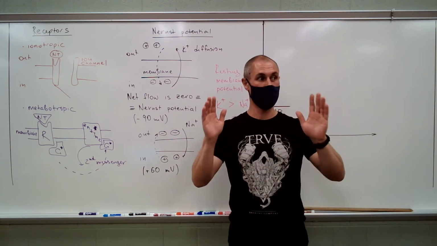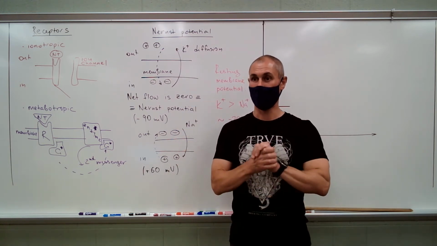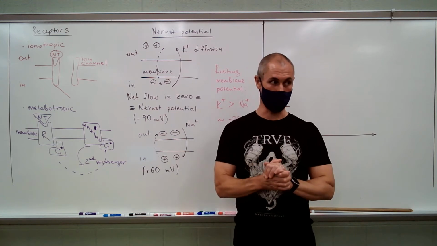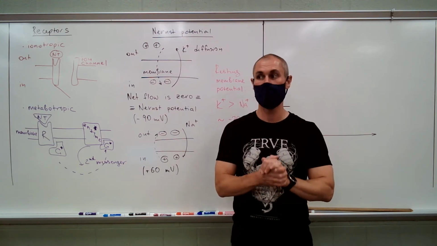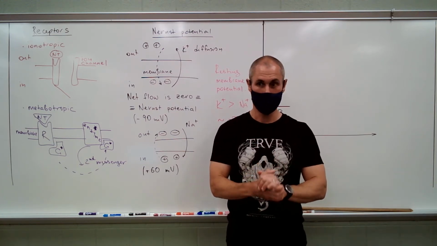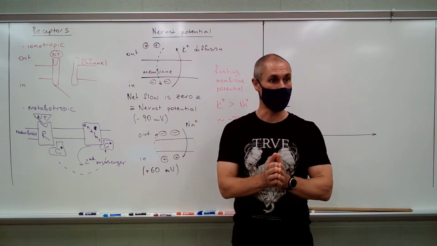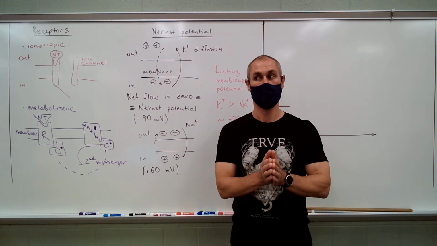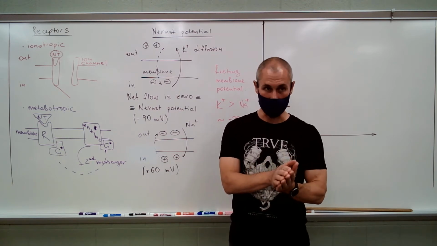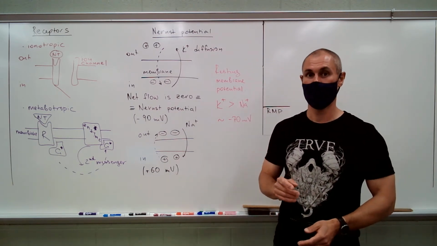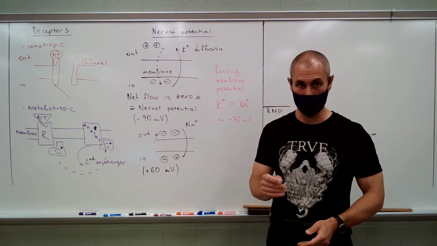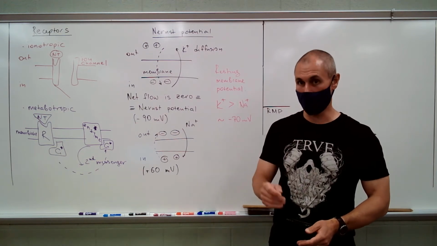Let's say neurotransmitter opens sodium channels, ligand-gated sodium channels. Where does sodium go? From outside to inside. So sodium, which is positively charged, flows into the cell.